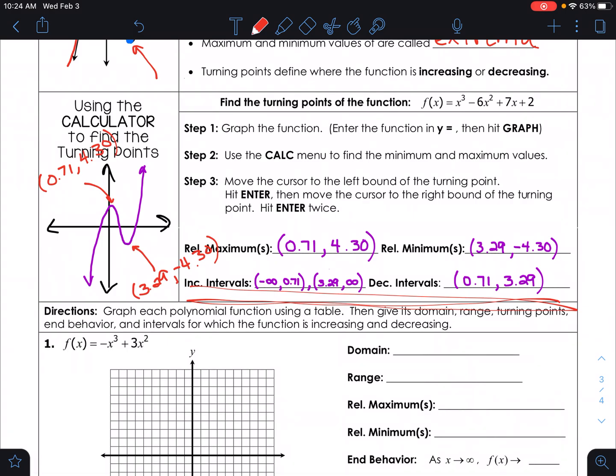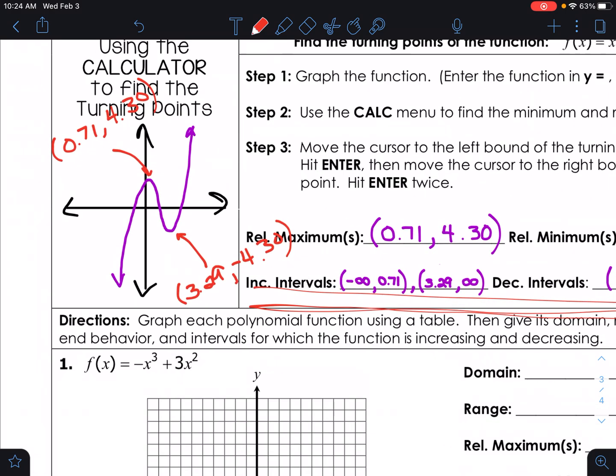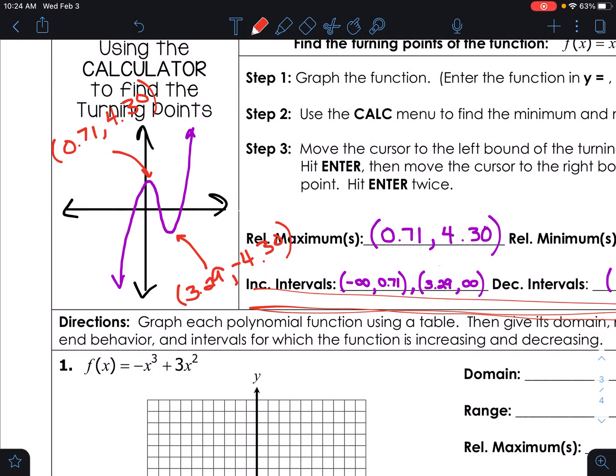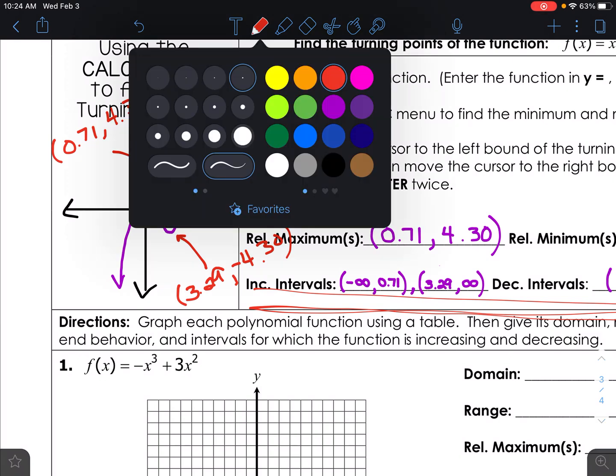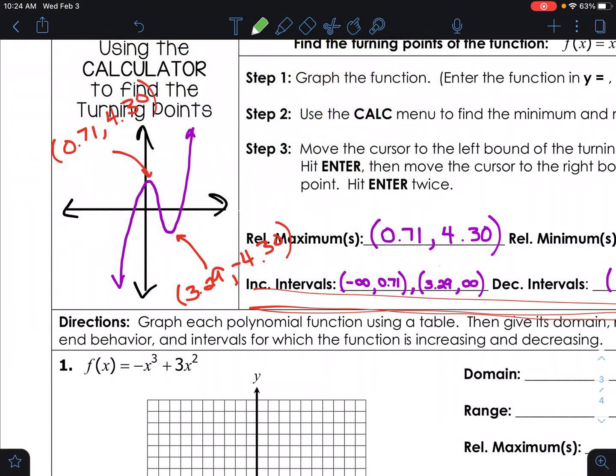Now, using this picture, an increasing interval is where the graph is increasing. Remember, we read it from left to right. So if this point right here is 0.71 comma 4.30, we're thinking from here to here, left to right.